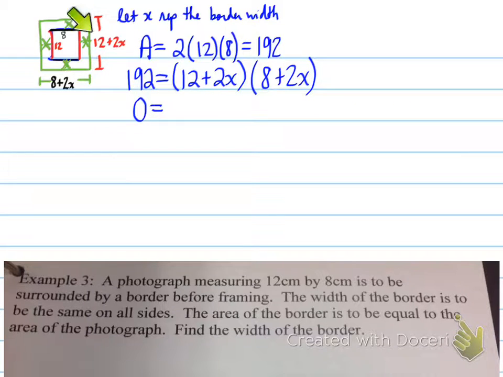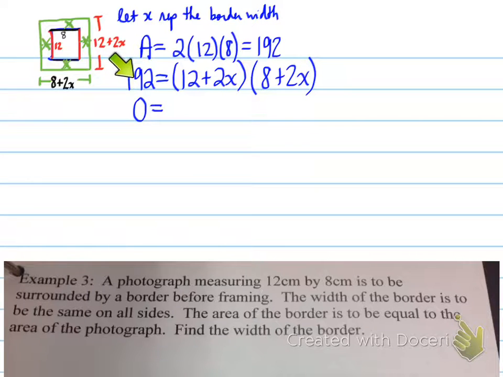192 is the total area of the whole box on the outside, the whole area including the inside of the picture. So 12 plus 2x is this side, times 8 plus 2x is this side, so length times width covers everything inside here. And that has to be double the picture.